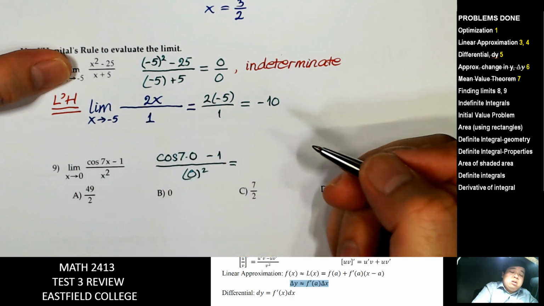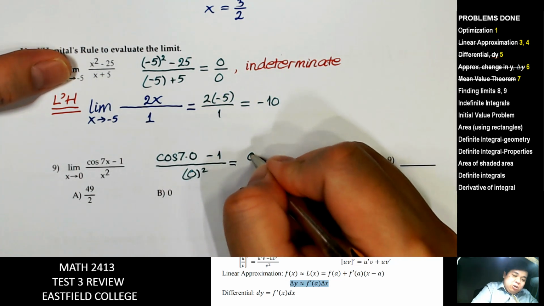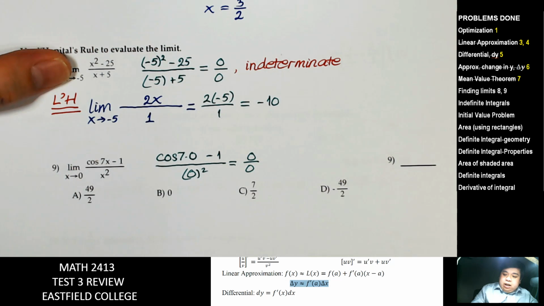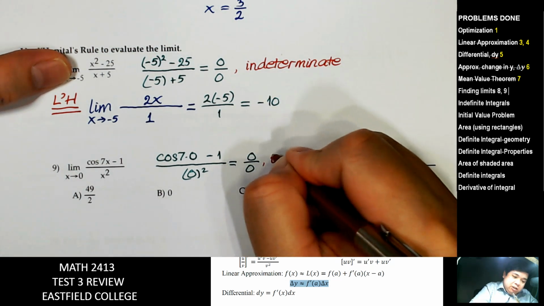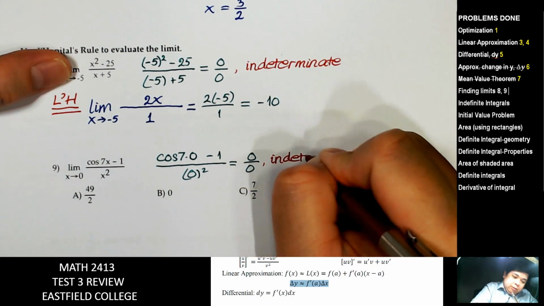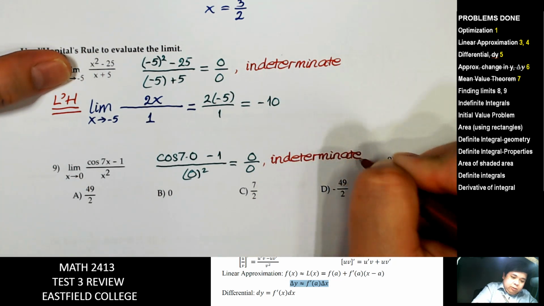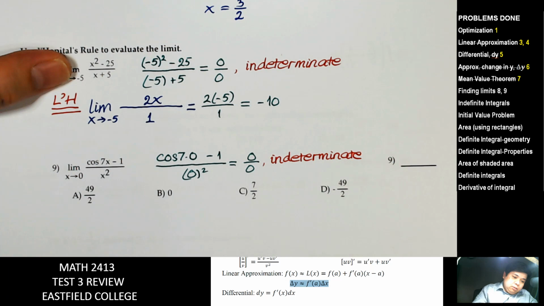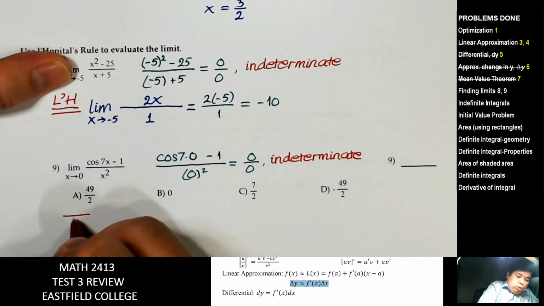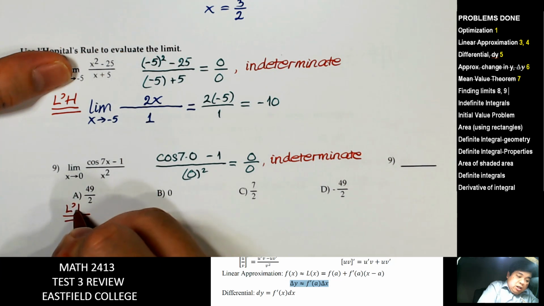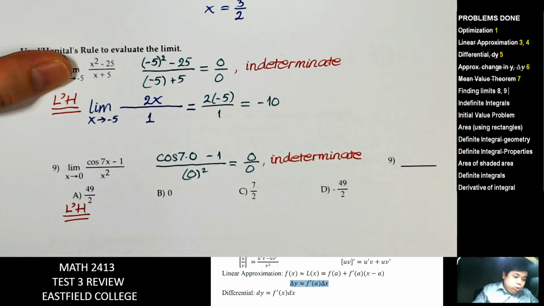Cosine of 0 is 1, 1 minus 1 is 0, so we have 0 over 0, and this is indeterminate. Which means we'll use the L'Hopital rule. If it is not indeterminate, do not use the L'Hopital rule.